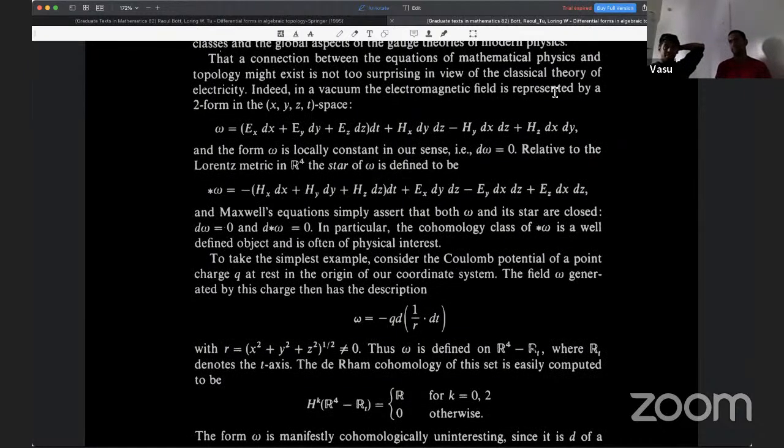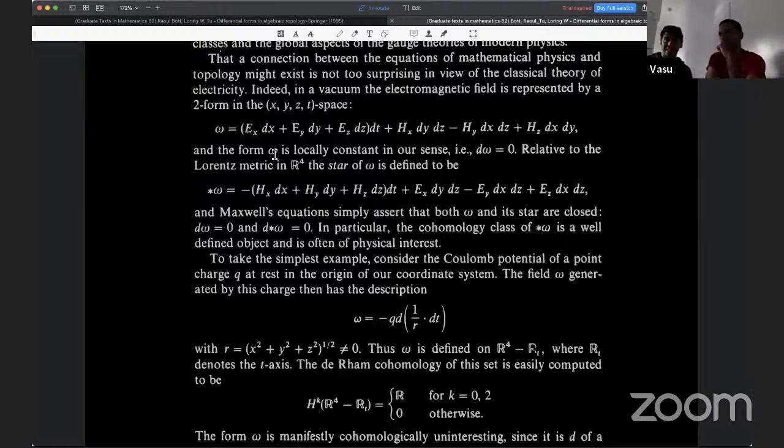Then the electromagnetic field can be represented by a two-form in R4, and we're not talking about the vector potential here; we're essentially talking about its curvature. And here's an explicit form of it, written in coordinates, which any self-respecting student of electromagnetism has hopefully seen before, spelling out the electric and magnetic components of this curvature two-form.